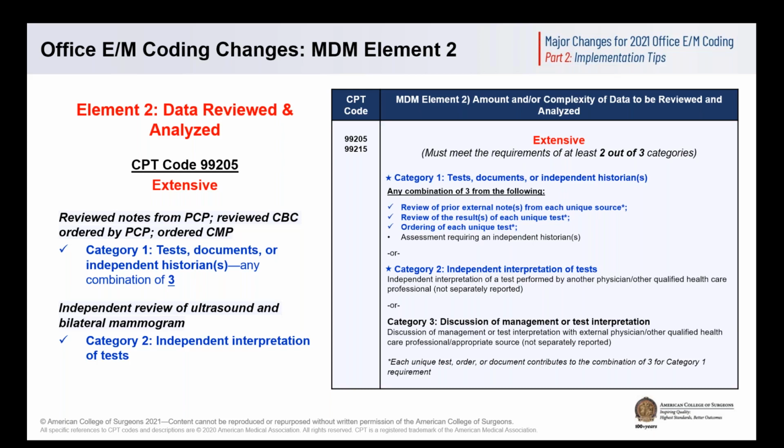So the expectation is you order the CMP, you review the CMP when that information is available, but you don't get accounted twice. And you independently interpret her imaging, which gets you at the level of 99205 because you've met 2 out of the 3 categories, which qualifies for extensive review. Next slide, please.